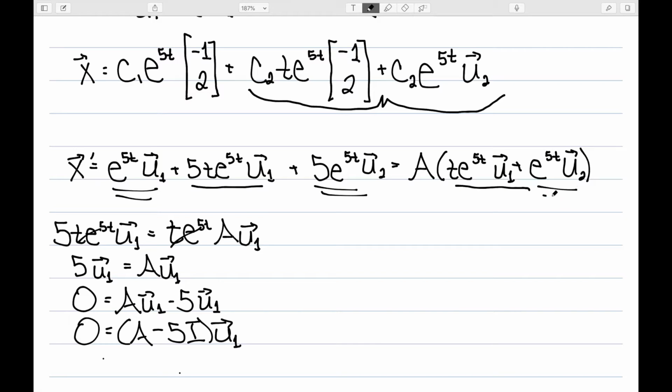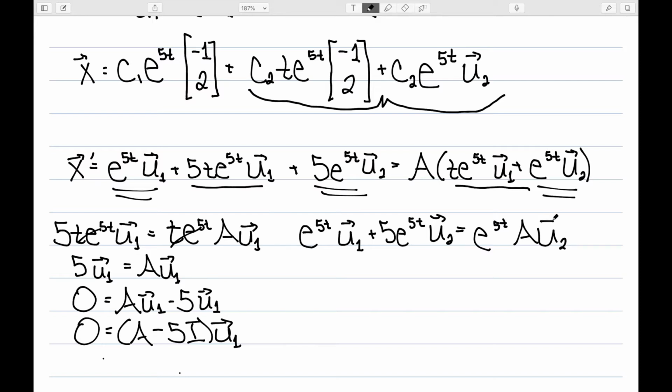However, this time when I look at these terms that do not involve a t, I have e to the 5t u1 plus 5e to the 5t u2 equal to e to the 5t A u2. I get u1 plus 5u2 is equal to Au2.